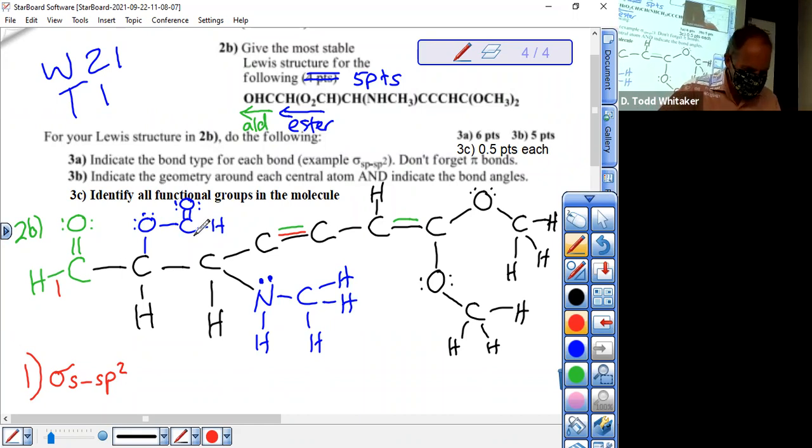There's the C here that's sp2 attached to this H. And there's the C here that's sp2 attached to an H. I don't think there's any more, do you? This one's not sp2, not sp3. Yes. And that's sp3. No, sp3. Yeah, so I think we'll do those next.